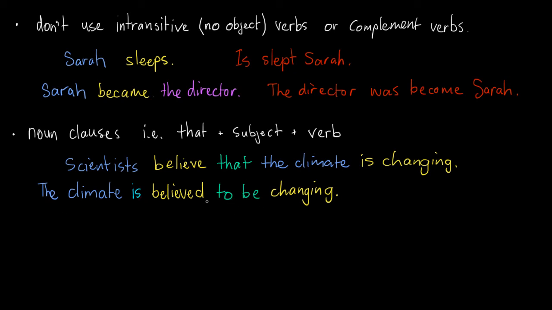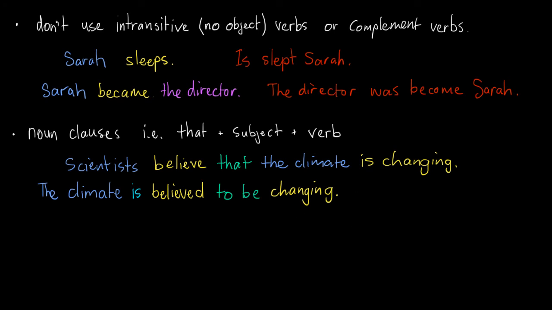So the climate is believed to be changing. So believe does the normal change. We get the be verb in the present simple and then the past participle of that. So is believed. But that just becomes to be, and then you get your changing. We have omitted scientists here. You could put by scientists if you wanted, but you don't really need to.